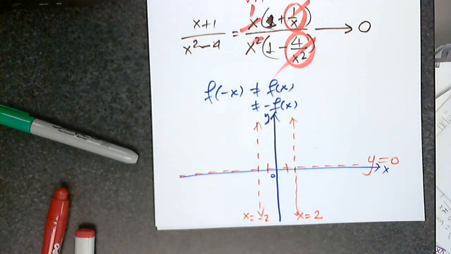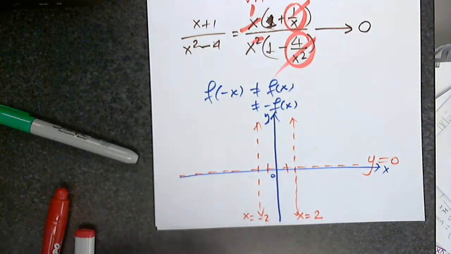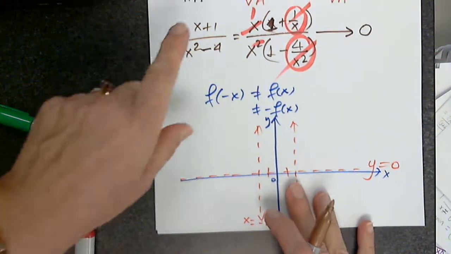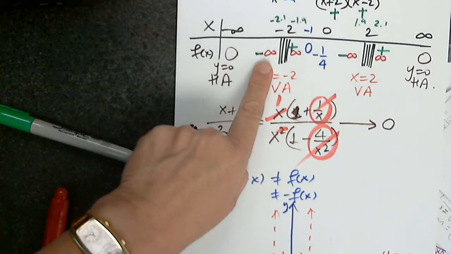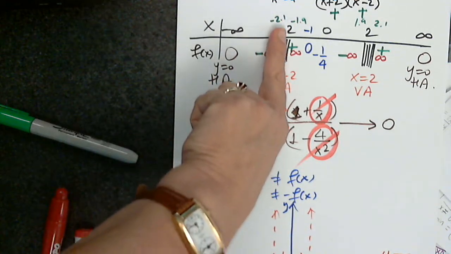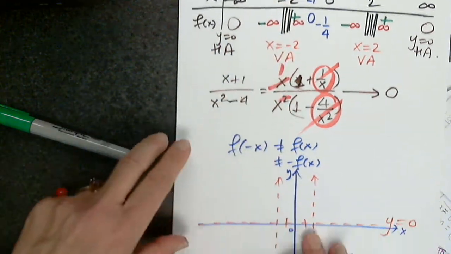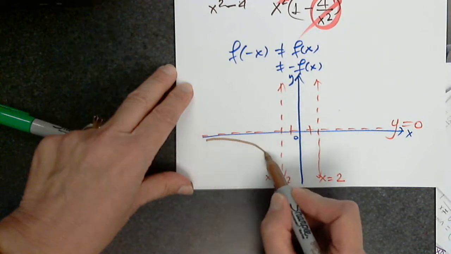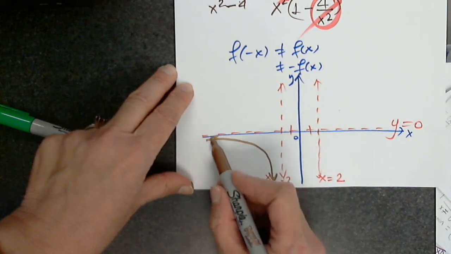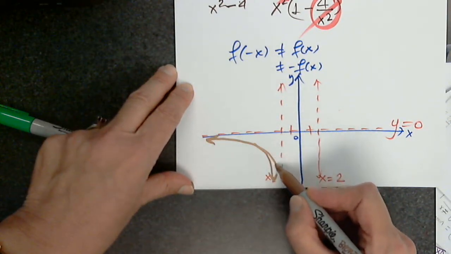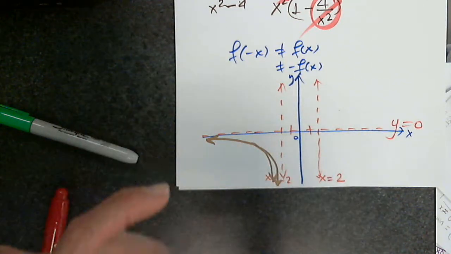Let's give it a shot. Ready? Good. From 0, dropping down to negative infinity on the left-hand side of the first vertical asymptote. I have to graph it a little bit closer.